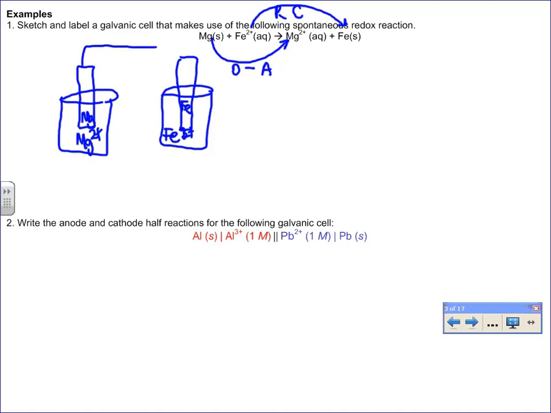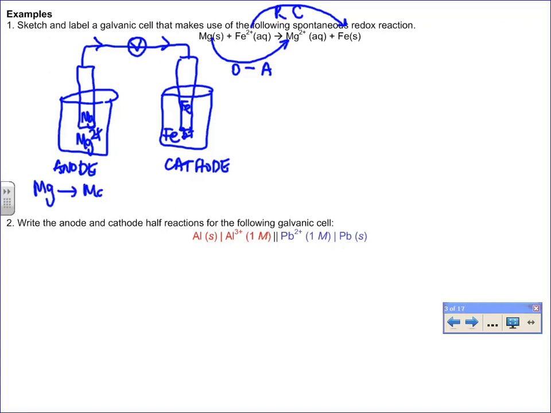Okay, and the anode is connected to the cathode. We can attach a voltmeter here or a light bulb if we want to. The electrons are traveling, and they always do, from the anode to the cathode. We can show the reaction.